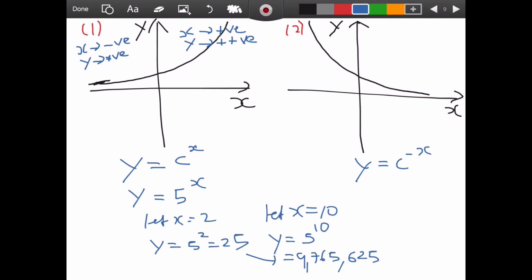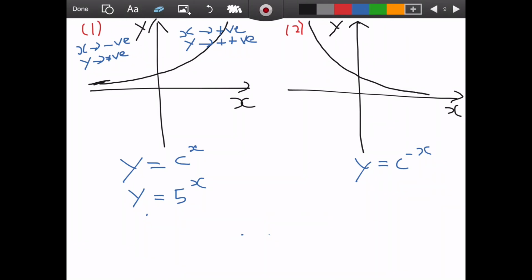So it follows this pattern: when x is positive and increasing, y is increasing at an increasing rate. How about when x is negative? Let's check it out.